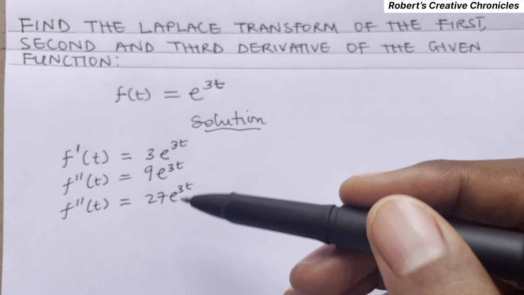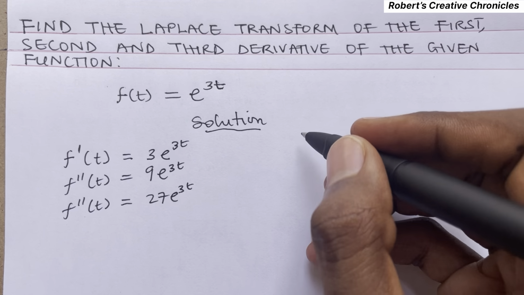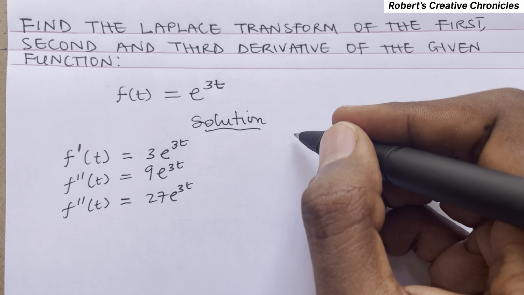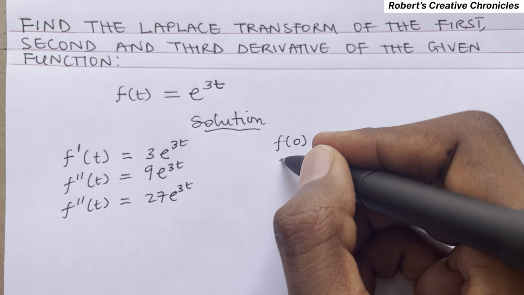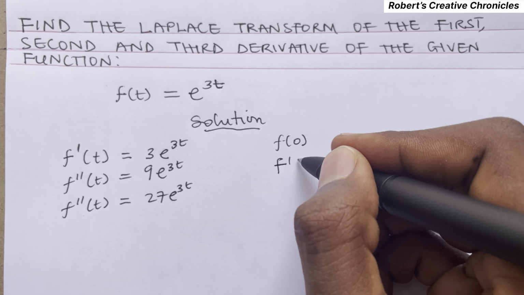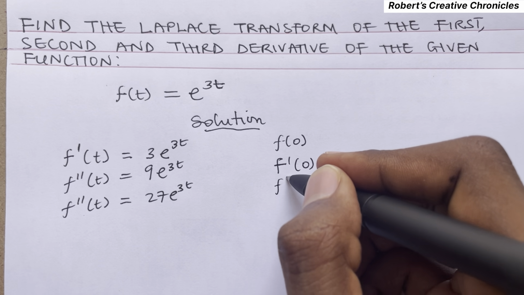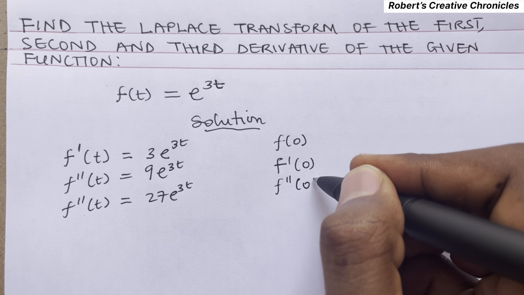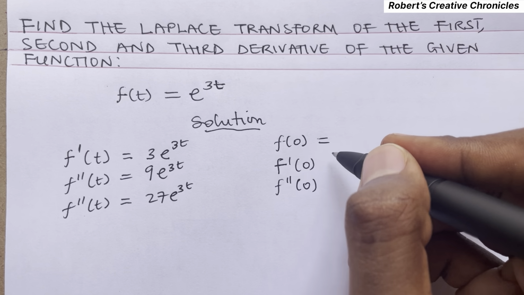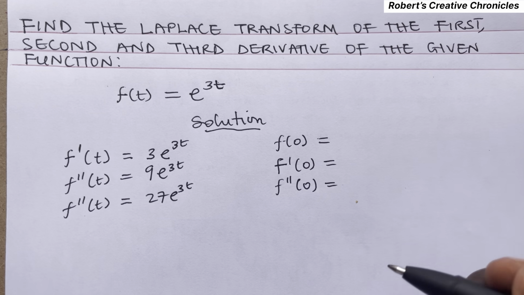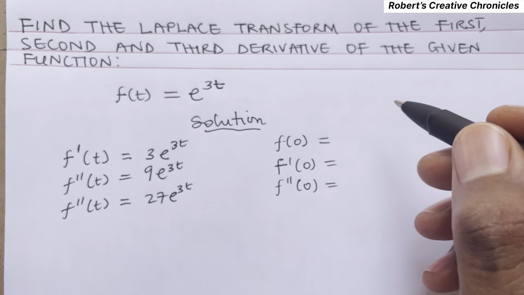And in the formulas we are going to use subsequently, we are going to need to find f(0), f'(0), and f''(0). So if we substitute 0 in this function, it is e^0, and e^0 is what?